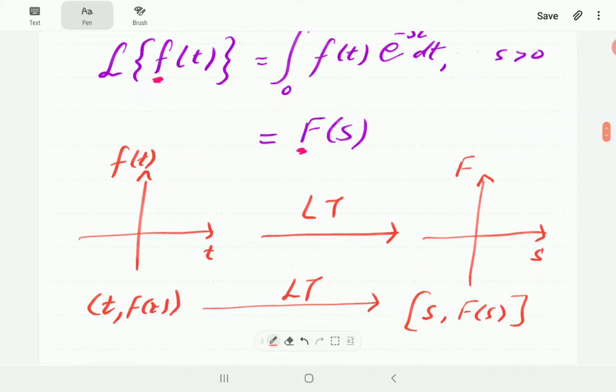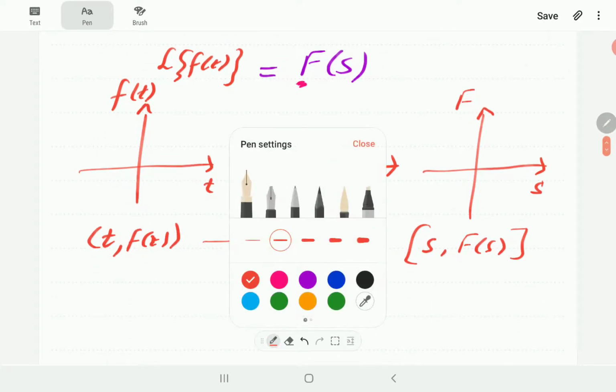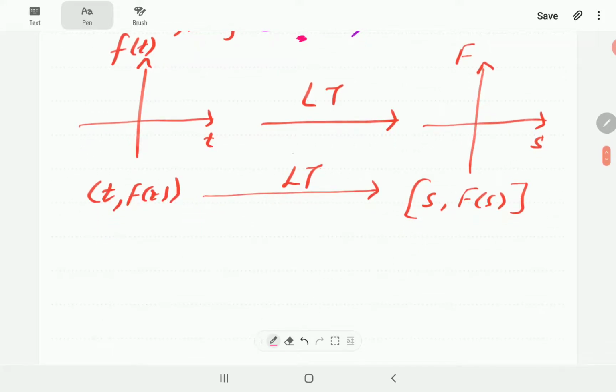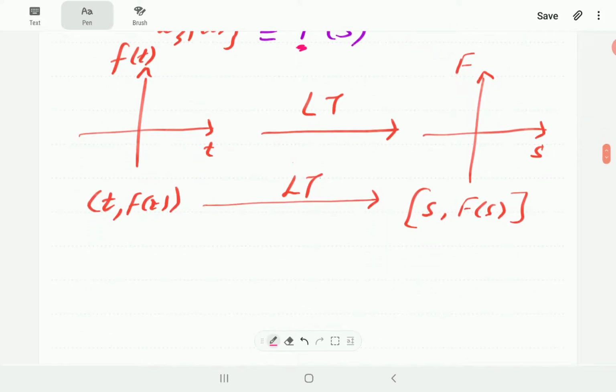From here, you can see that we write the Laplace transform of f of t is F of s. If we want to go in the reverse direction, then we take what is called the inverse Laplace transform. For the Laplace transform, we use the curly L symbol, so the reverse of that is the inverse Laplace transform.